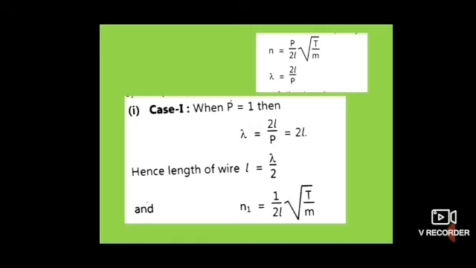First case: when p = 1. So when p is equal to 1, what happens?